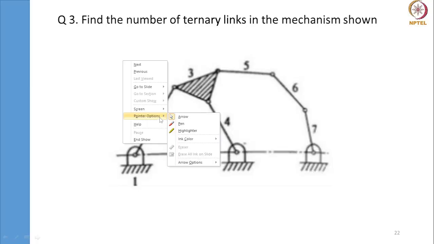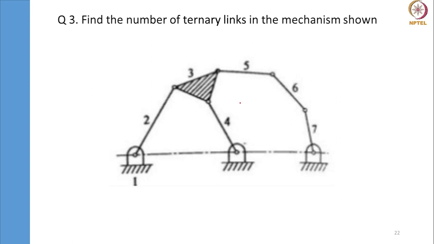By this time, we have got some hold on links and joints. So this is an easier one. We need to find the number of ternary links in the mechanism shown. Can you just see how many ternary links are there in this mechanism? One. Okay, one of our friends says it is 1.